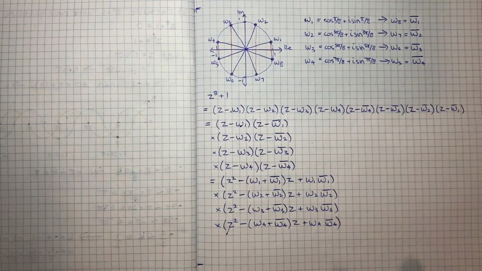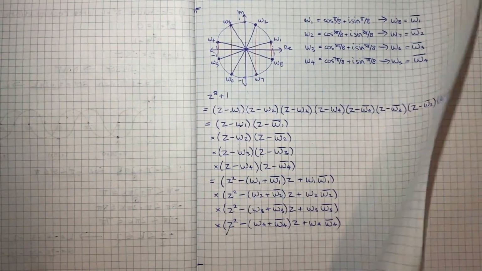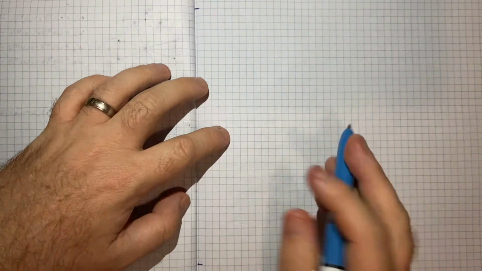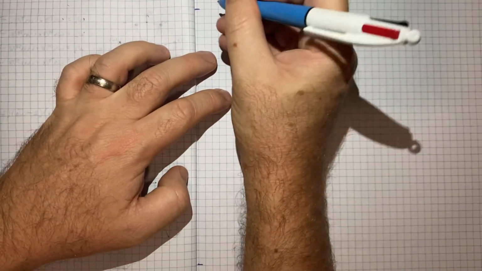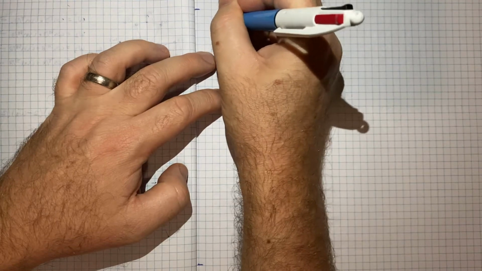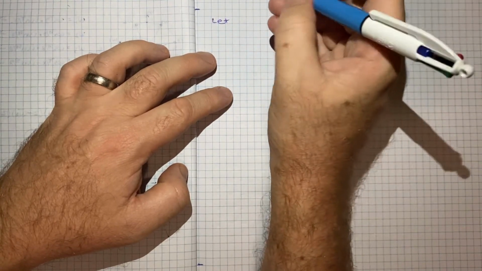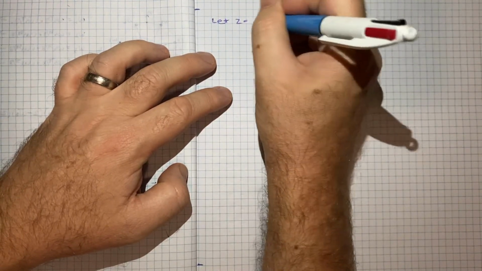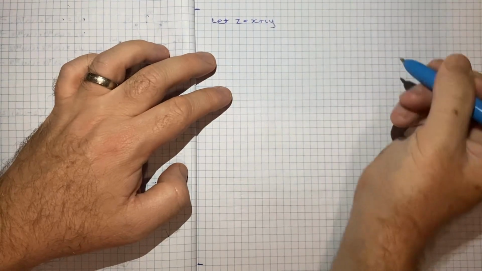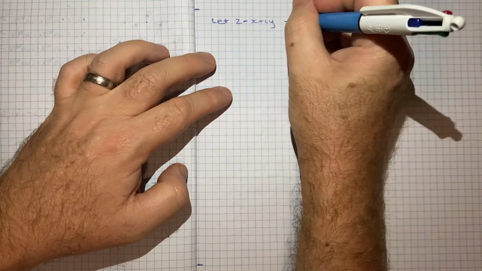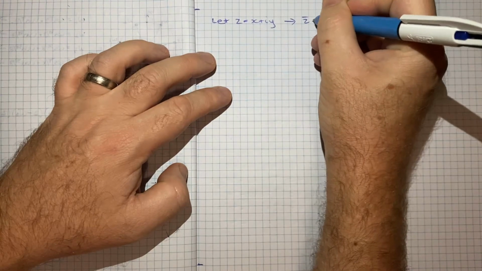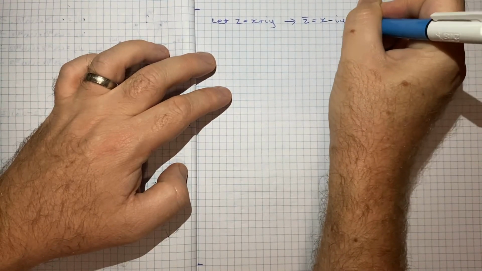And I might turn over because it's worth going back to basics really. If we think about our most basic definition of a complex number, z is equal to x plus iy. If that's the case, then our conjugate z bar would be x minus iy.